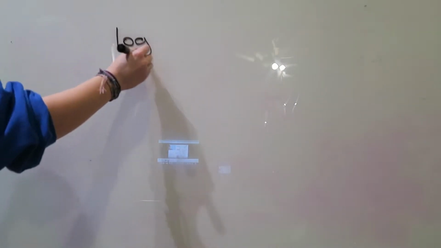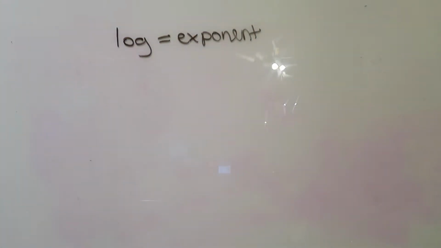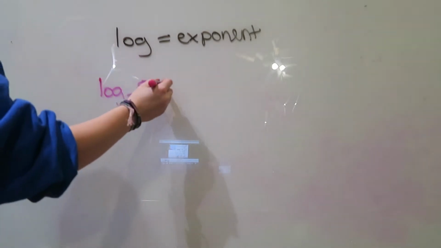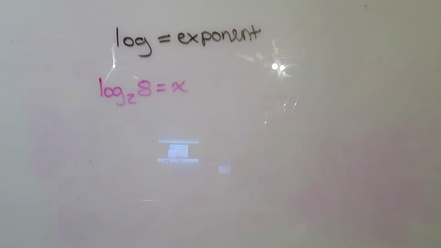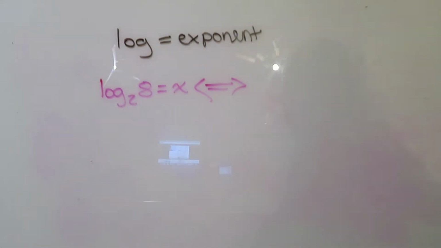Something that has always helped me out when thinking about what is a log is remembering that a log is an exponent. Remembering it this way has really helped me out. So let's see it in action. If we have log base 2 of 8 and we want to know what that equals, we can just remember that a log is an exponent. So this means x is the number that we need to raise 2 by to equal 8.